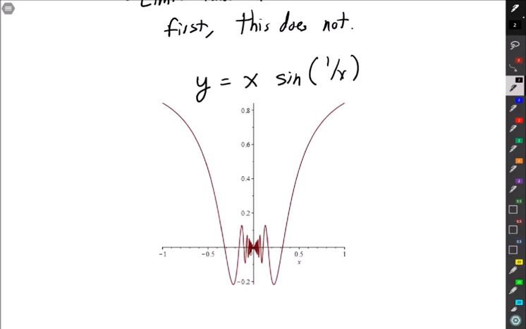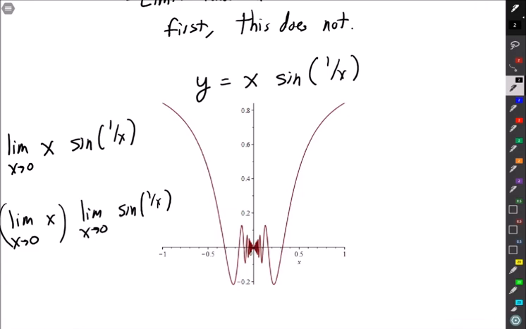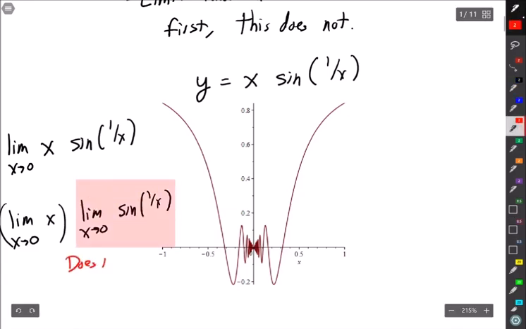However, if I look at the limit as it goes to 0, and then try to split things using the product limit law, I have a problem here, as this limit here does not exist. Which means I can't use this law to try to simplify this limit. However, if I stare at this graph, it surely does look like the limit's going to 0, right?